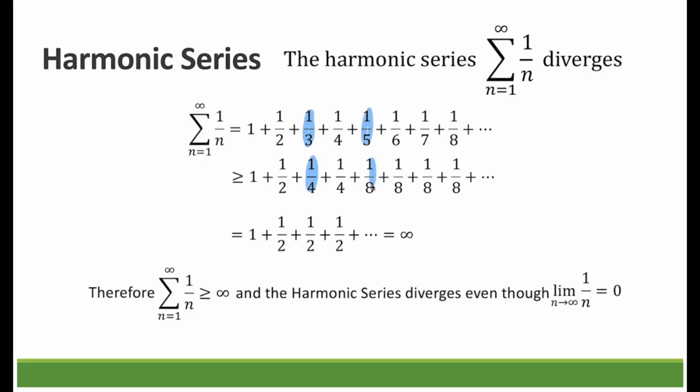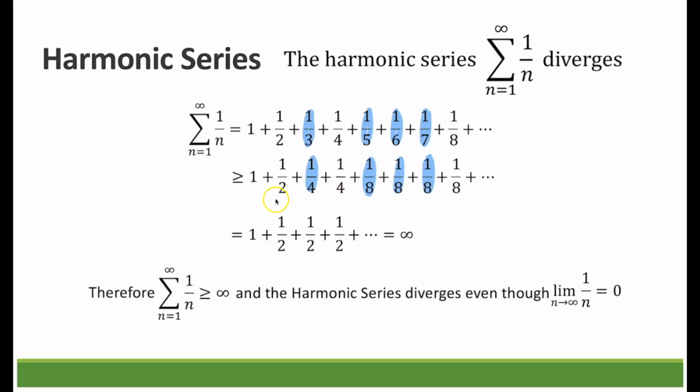So 1/5 is greater than 1/8, 1/6 is greater than 1/8, 1/7 is greater than 1/8, and 1/8 is equal to 1/8. So hopefully you're convinced that this top expansion is greater than or equal to this second expansion.